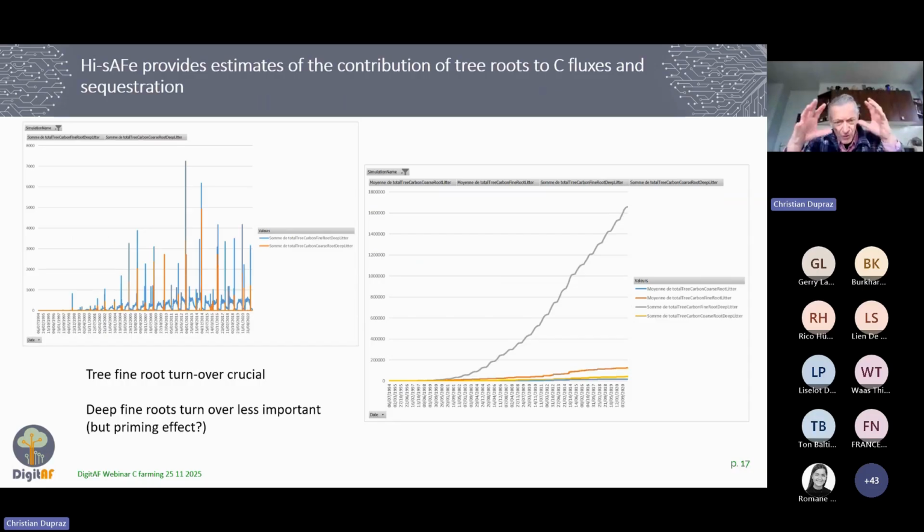And the model, again, explains to us why this is happening. The tree fine root turnover is crucial for all these processes, as Gerry said a bit earlier. And the deep fine root turnover is less important, and it may have a counter effect of what we call the priming effect, but I won't go into the details.